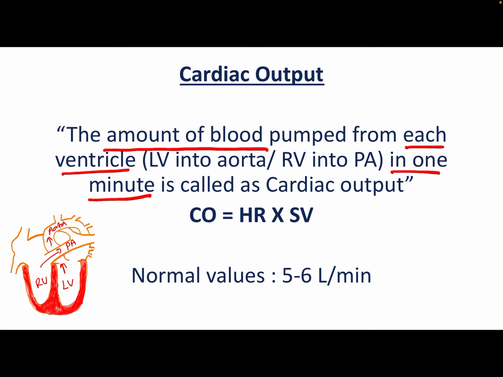The formula for cardiac output is heart rate times stroke volume. Stroke volume is the amount of blood pumped by the left ventricle into the aorta in one heartbeat. And heart rate is the number of beats per minute.